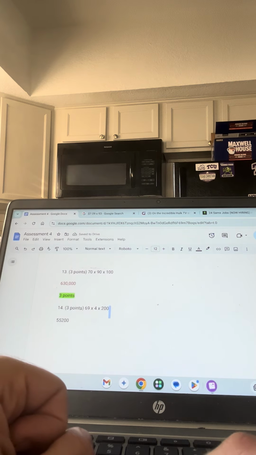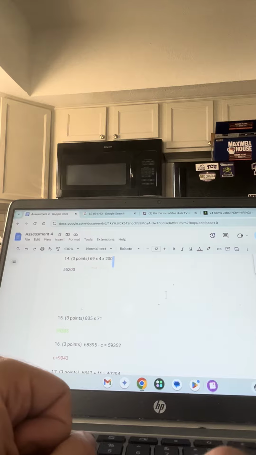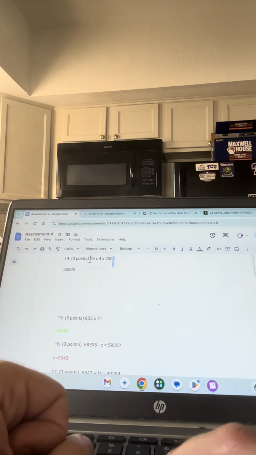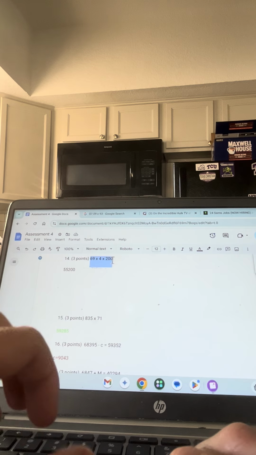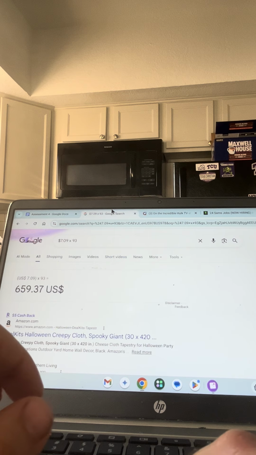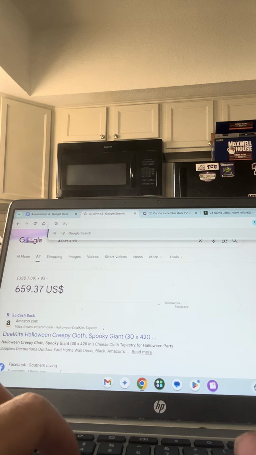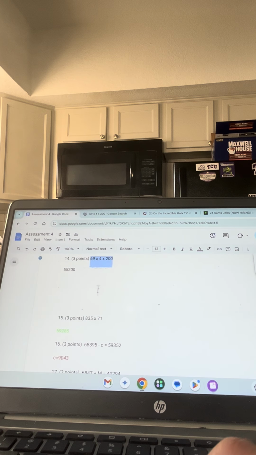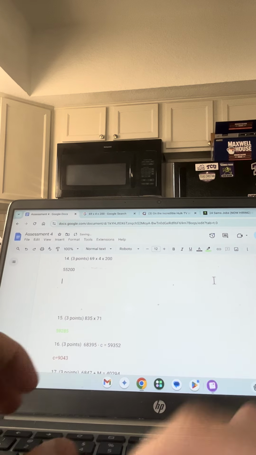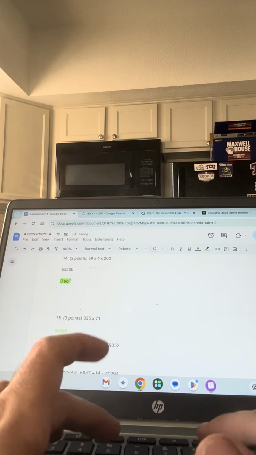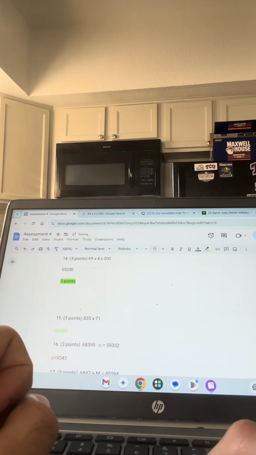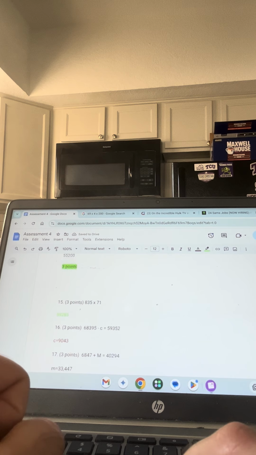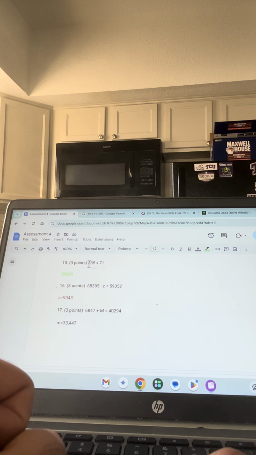Now, this one, I can't really do it in my head. It's a little harder. But I know it's going to end in at least 2 zeros. So you got that one possibly correct. Let's check and see what Google says the right answer is. 55,200, that's correct. 3 points. $835 times 71.